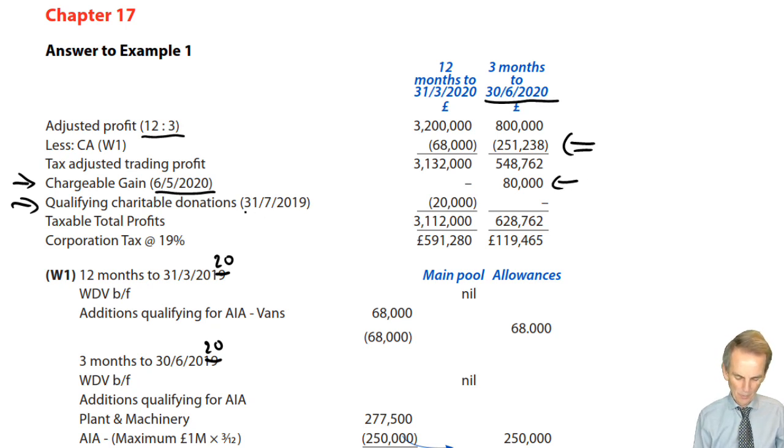The donations were paid 31st of July, the only 31st of July within the 15-month period of account covered here was July 19. That's a part of the 12 months to March 20. So to get these TTPs so that we can tax at 19% and finish the exercise, there's one missing figure, and that's the capital allowances.